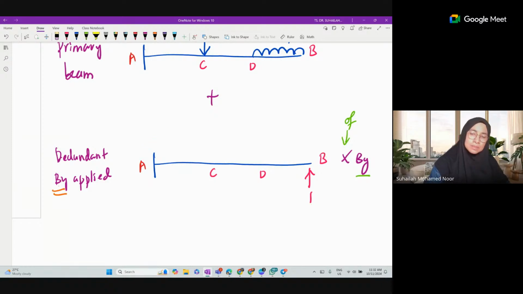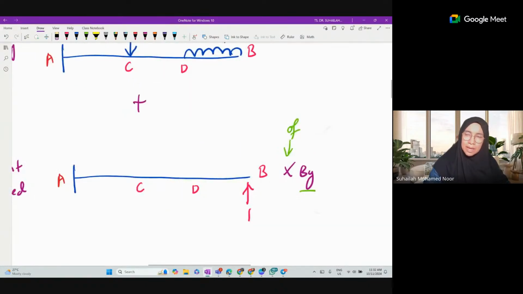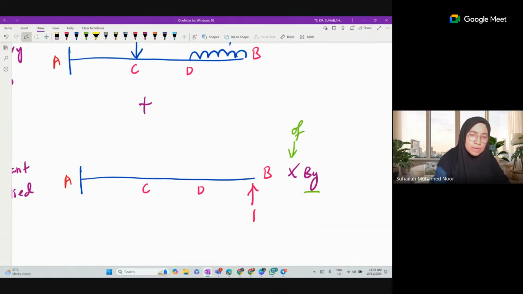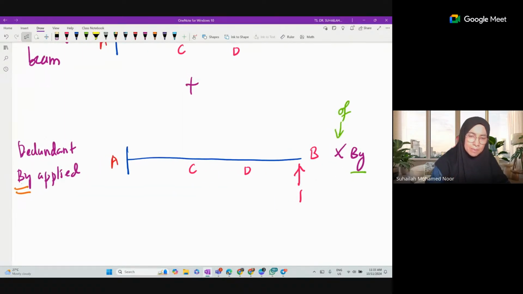So it is like this. If we refer to the deflection that occurs in this redundant beam, it deflects like this. So we mark this displacement as FBB, not delta BB.